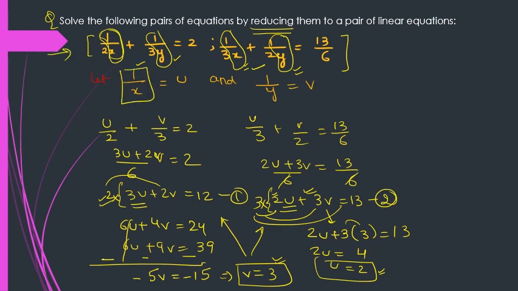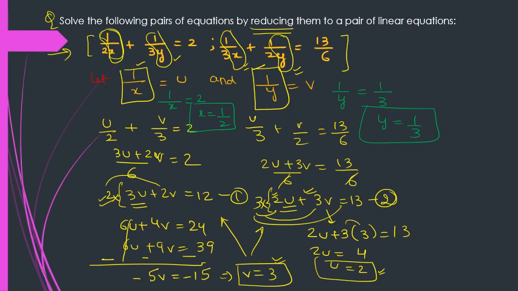So substitute here the values of u and v. From here, 1 by x is u, which is 2, so if you reverse this, x will become 1 by 2. And from here, 1 by y is v, which is 3, so y will become 1 by 3. These are your solutions, x and y.